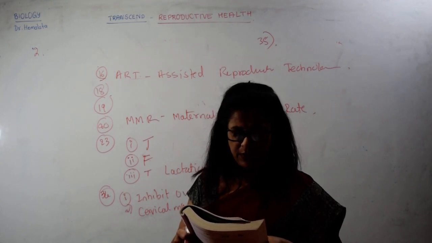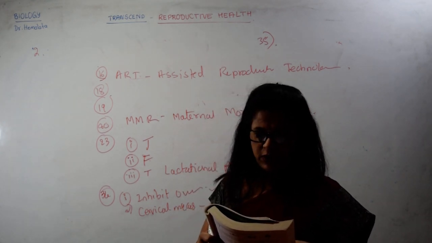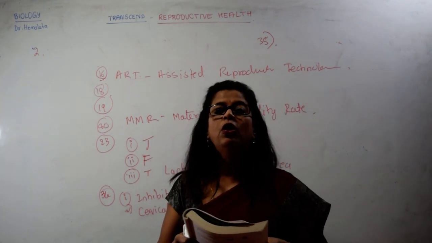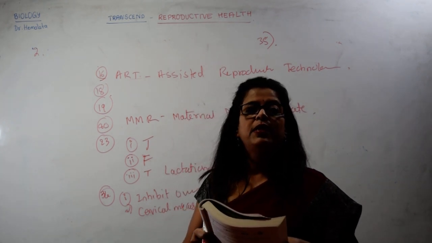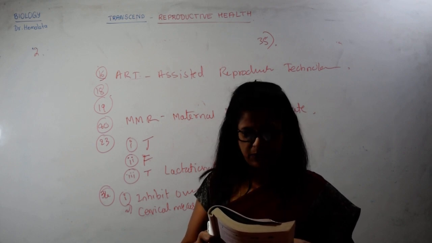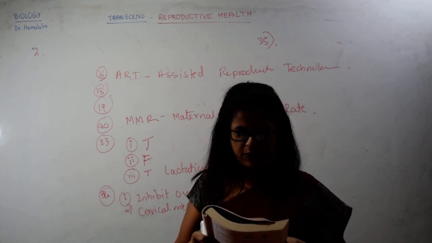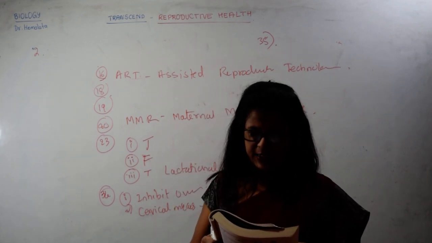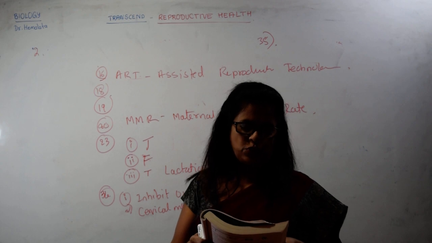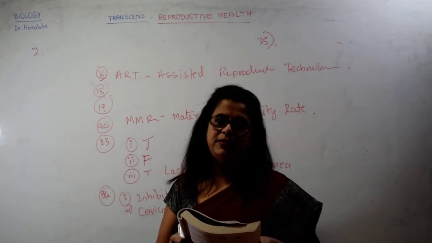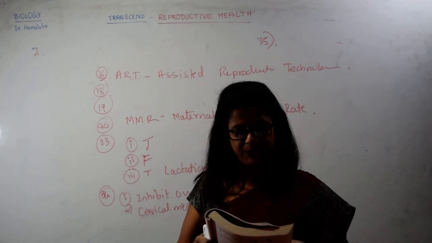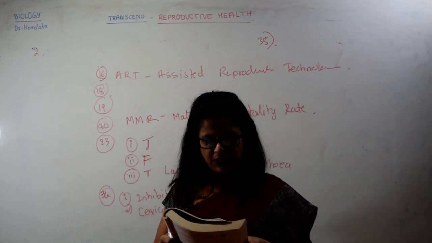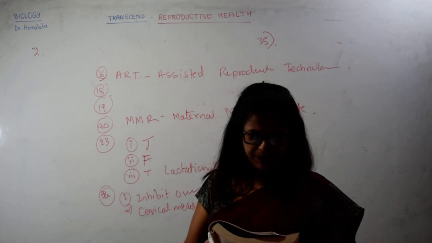Next is increase in phagocytosis of spermatozoa within the uterus, because like copper T, copper ions are released, they will actually kill the sperms. Then suppressing the motility of the sperms as well as their fertilizing capacity is also true. All are correct. In the 35th question, D is right, because all the statements given are correct.